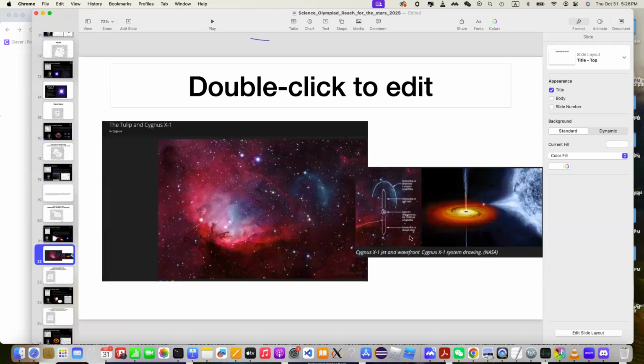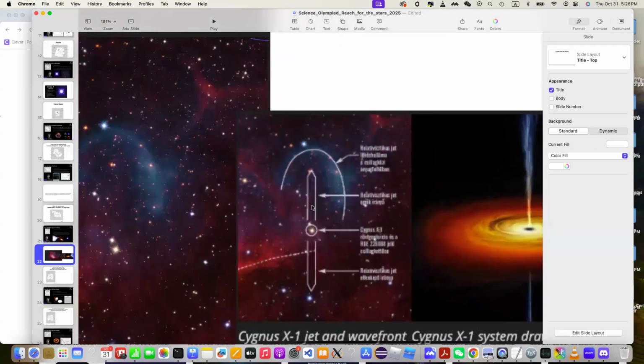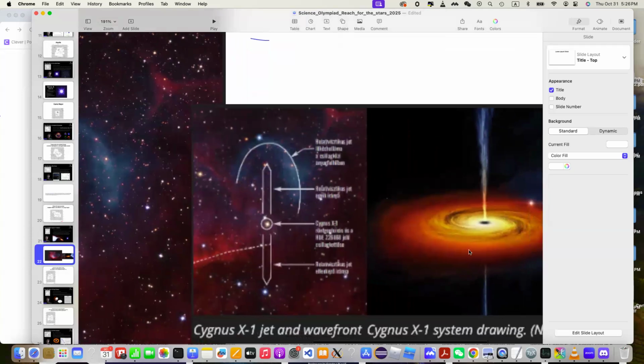So this is the image, and this is the physical model of this object. You can see here, it is in fact a black hole with a jet. A jet is like shooting a hose.